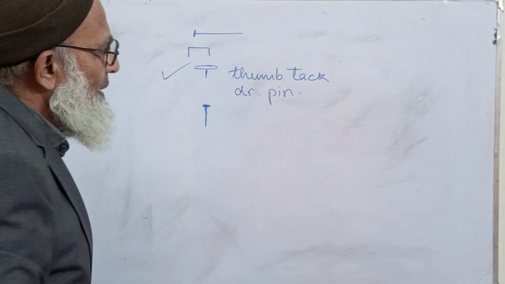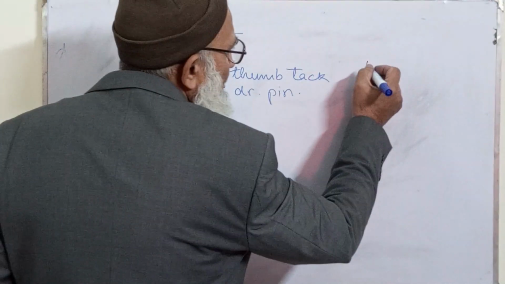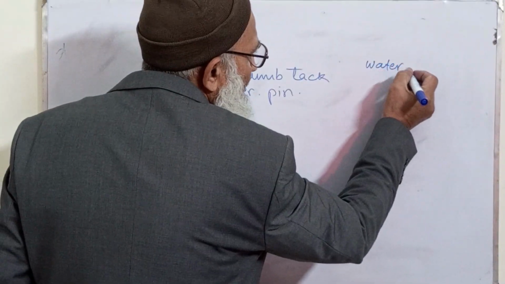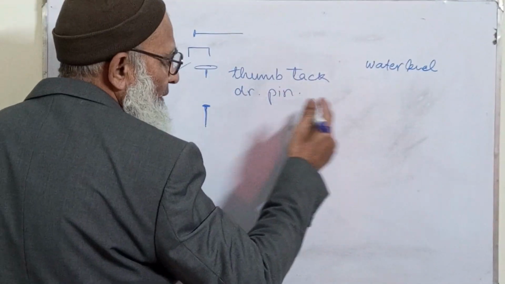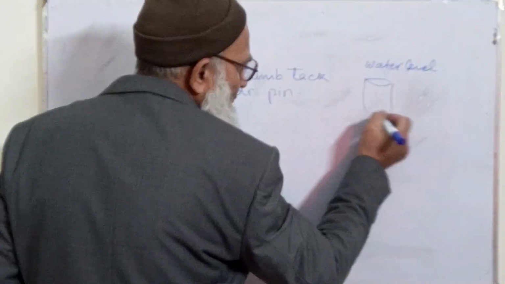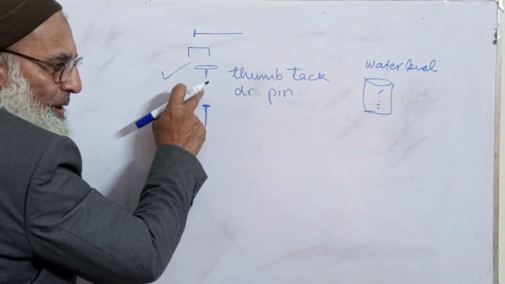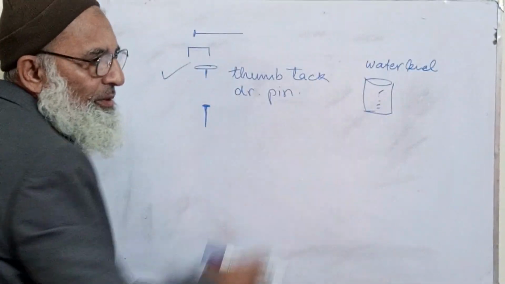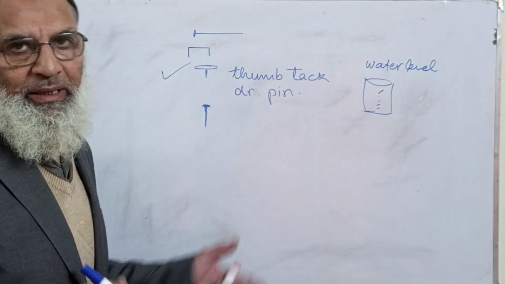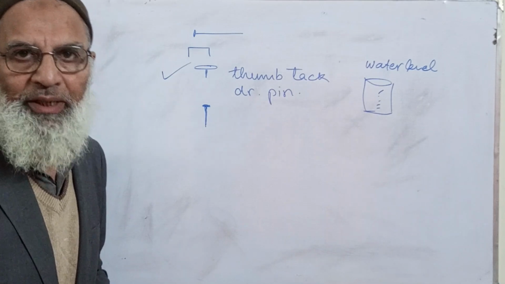Now there is a simple method: the water level rise. What is the water level rise? This is the graduated cylinder. You find the mass of the pin, put it into the water and note the rise. But my students, what will happen?